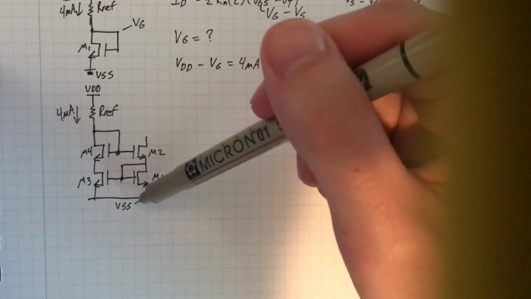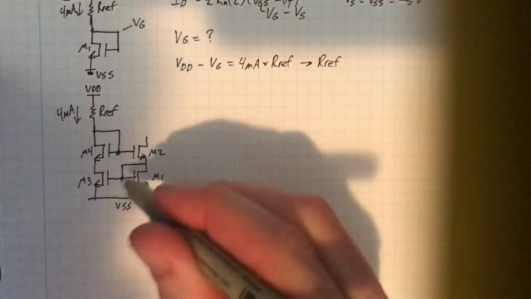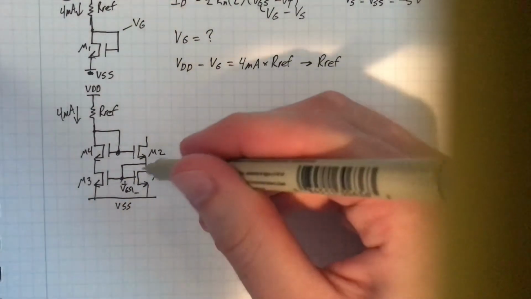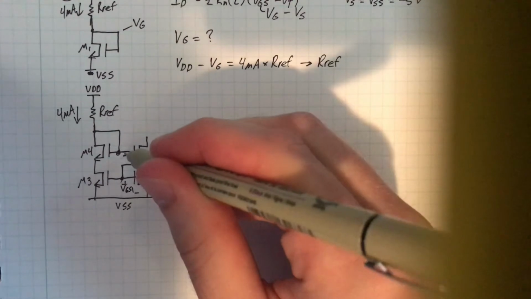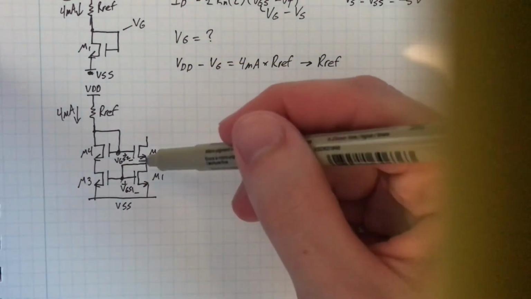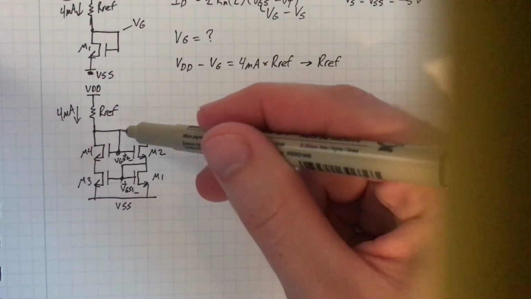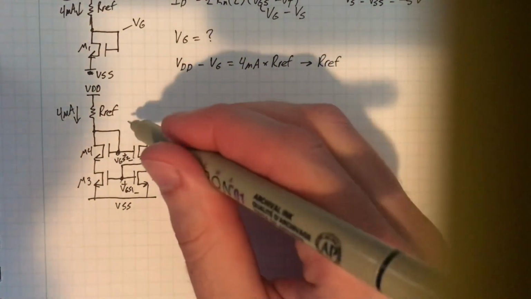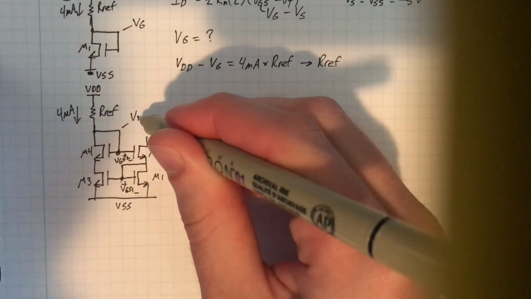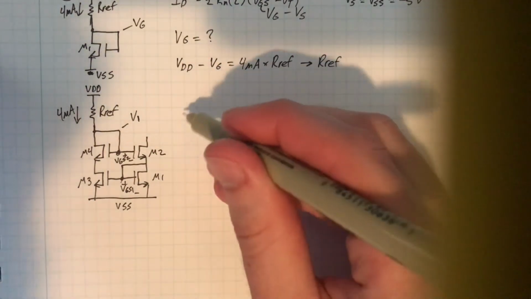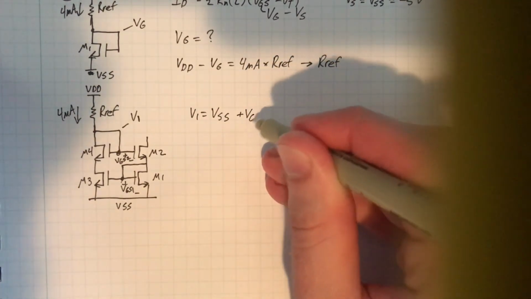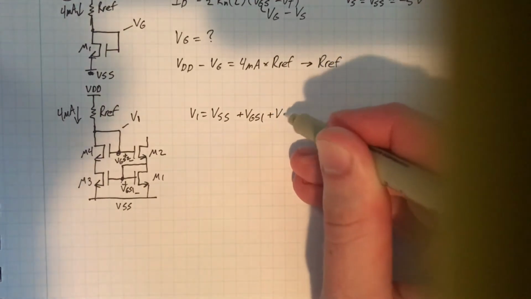So from VSS, you have to go up VGS, call it VGS1, to get to this node, and then if you were to go up VGS2 here, that would get you to this node. I'll just call it V1, no particular reason. So V1 is equal to VSS plus VGS1 plus VGS2.